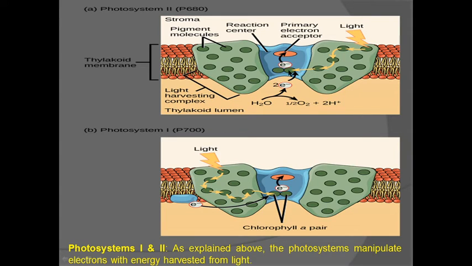And now these electrons move to the primary electron acceptor, and it is also known as excitation of electrons.